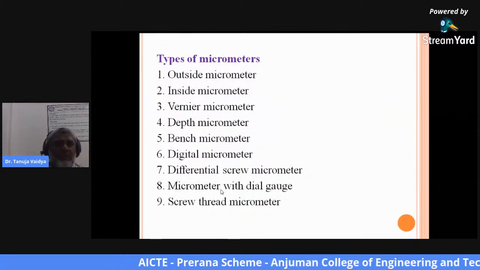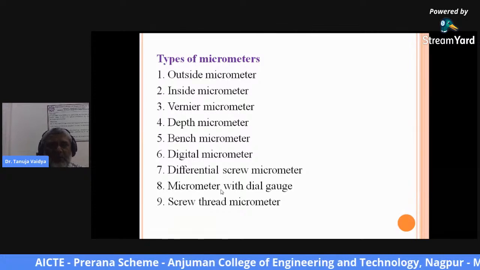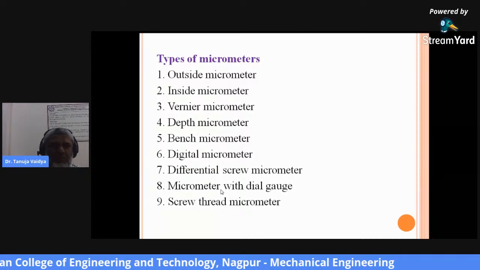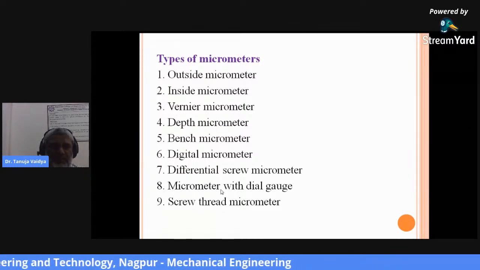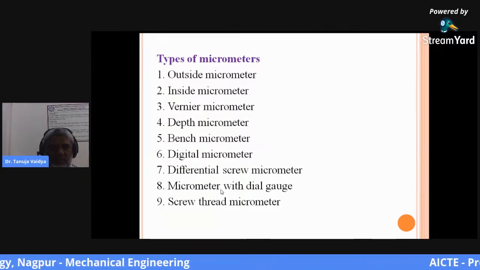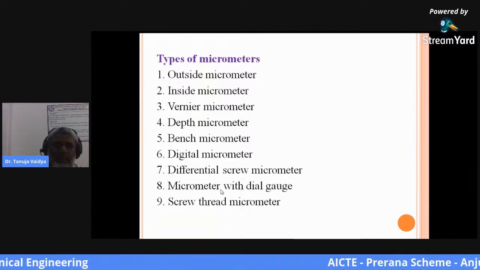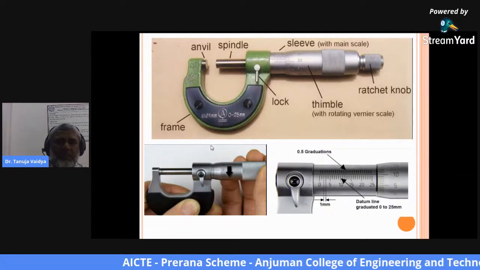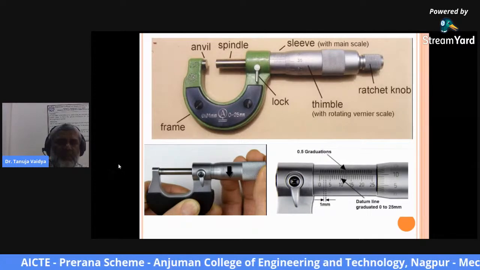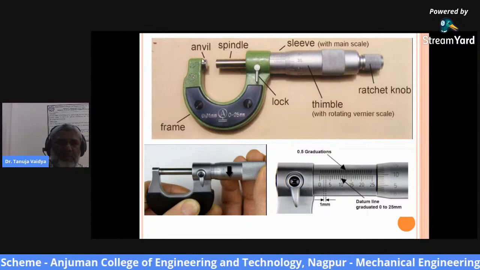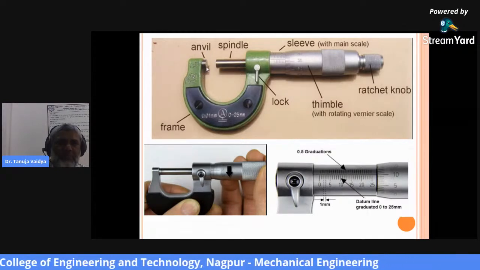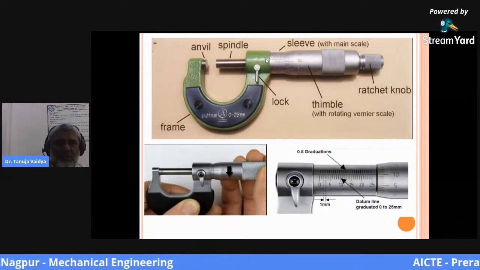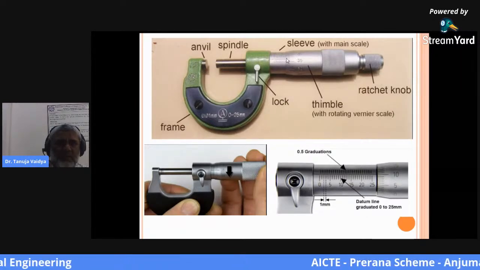Micrometers also come in different types. Outside micrometers, inside micrometers, vernier micrometers, similarly depth micrometers, bench, digital, and screw thread micrometers are available. From here you can understand the construction of the micrometer very easily. As I have already told you, this is the anvil, the fixed jaw, and this is the spindle which comes in and out of this sleeve.